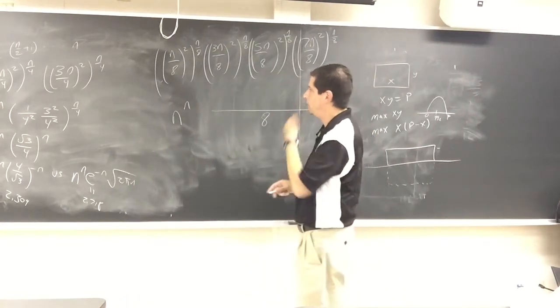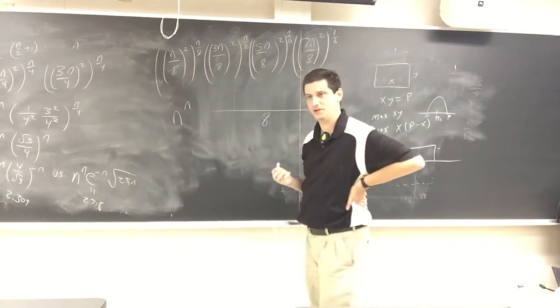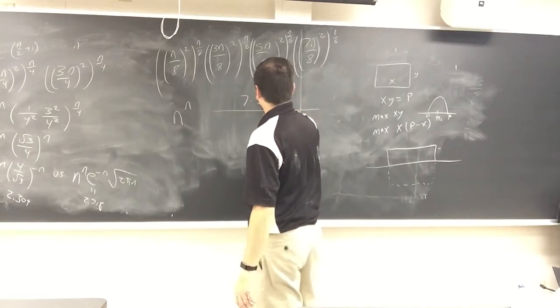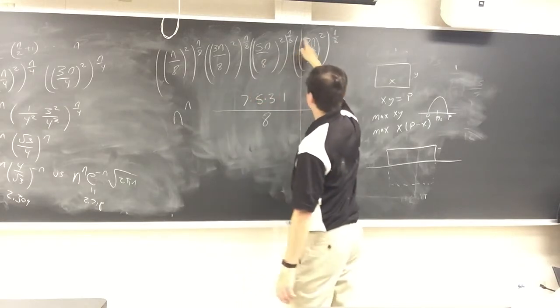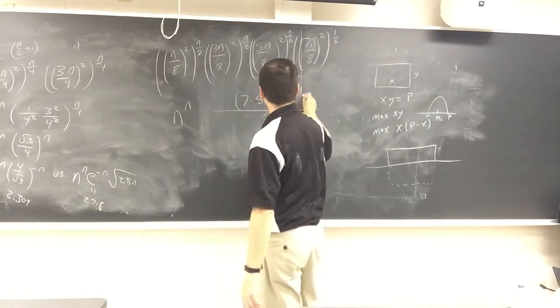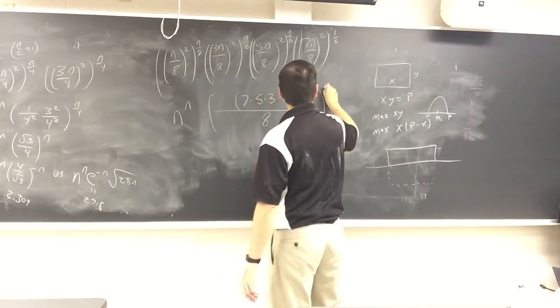What do we have up top? We have 1 squared, 3 squared, 5 squared, 7 squared. So we have 7 times 5 times 3 times 1. And then since it's squared, now this is going to be to the 1/4 power. And then we take this whole thing to the nth power.